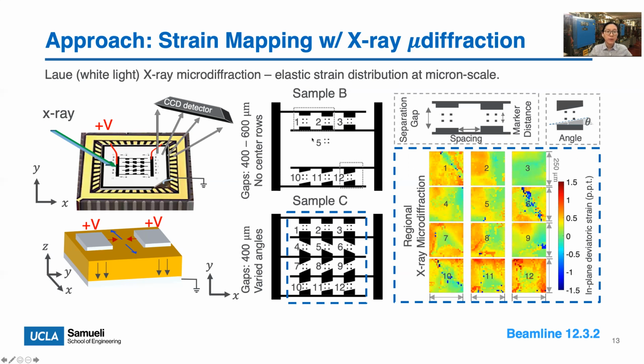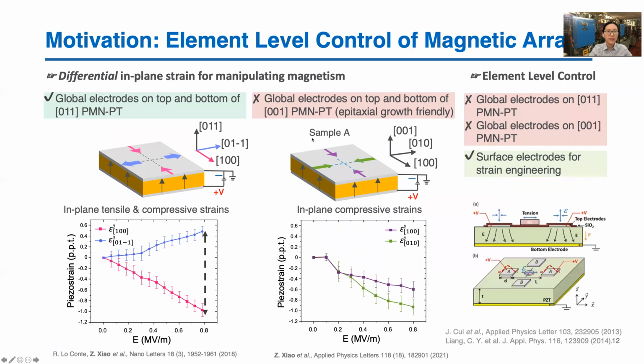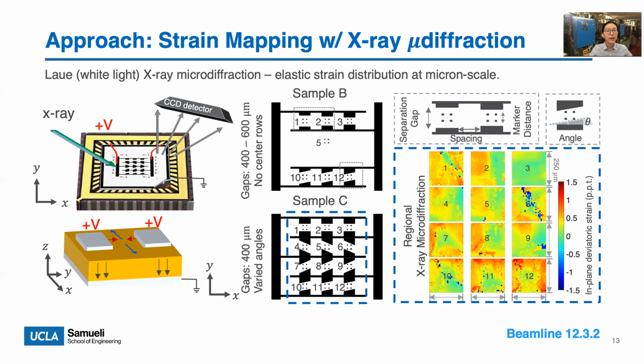Here, apart from sample A that we mentioned in the previous slide that is covered with global electrodes, top and bottom, we also have samples B and C with patterned surface electrodes. The difference among the samples is that we have varied separation gaps between those electrode arrays, as well as varying the angle of those electrode pads.